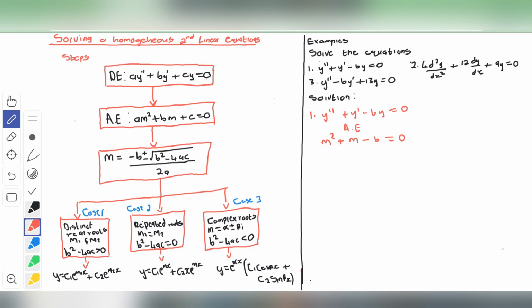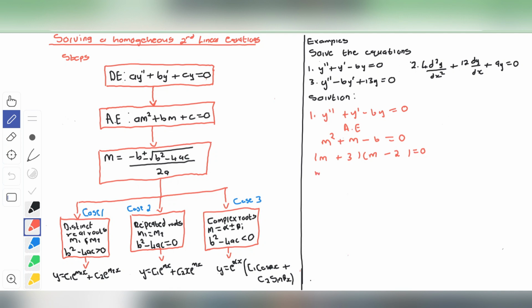After writing our auxiliary equation, we need to find the values of m. Like I said, you can use the quadratic formula, or you can just factorize. This one is simple to factorize, whereby we have m here and m here, and because we have negative, it's going to be positive and negative, and then we are going to have 3 and 2 here.